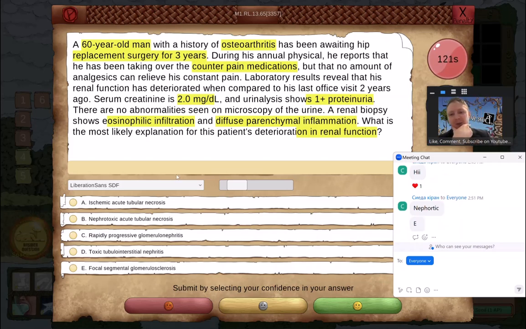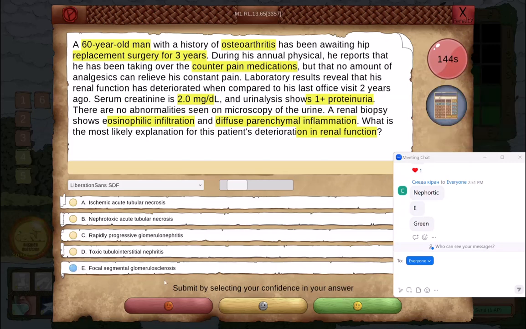What is the eosinophilic infiltrate? These questions, by the way, when people are answering in text, everybody's open to text what they are thinking and the answer choice they're thinking. So I see that we have E, and are you pretty confident with that? Would you give that a green or a red or a yellow? Green. Okay, let's do it. E, focal segmental glomerulosclerosis. So what do you think is causing the focal segmental glomerulosclerosis, real quick?